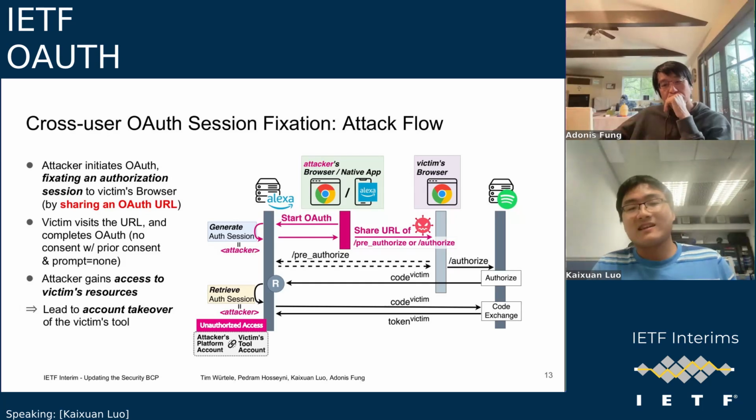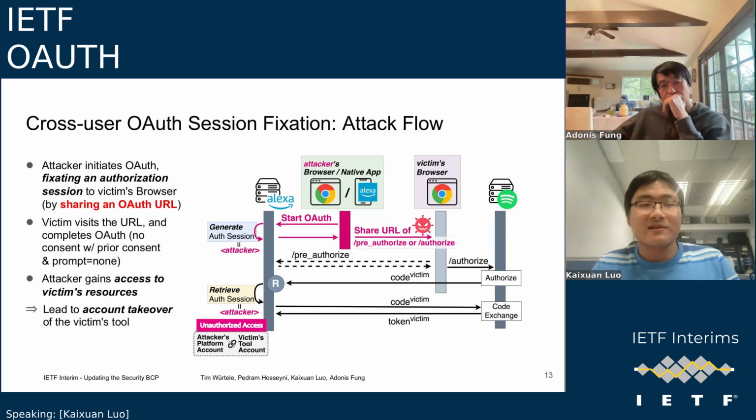So by sending a link to the victim, the victim would go through the OAuth dance, and then at the redirection endpoint, hand in the authorization code in the state parameter. And at this point, the redirection endpoint would see that the OAuth flow was initiated by the attacker, so it would bind the received access token to the attacker. So that's how it works. And the consequence is that the attacker gains control of the victim's resources.